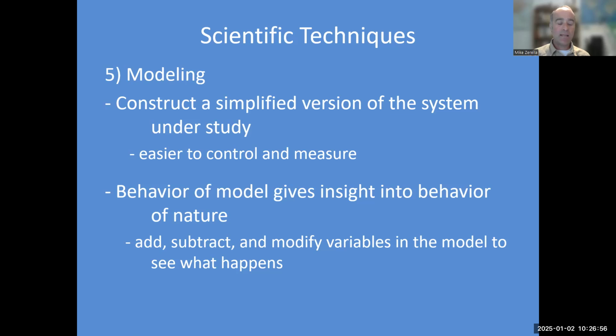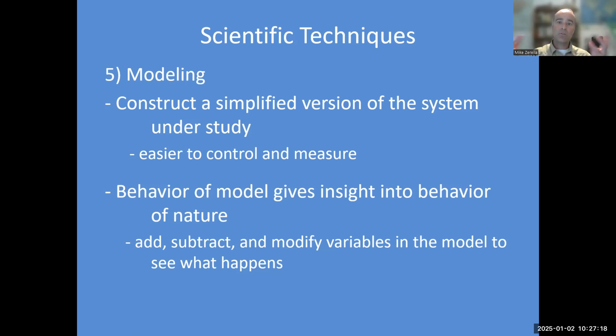And so instead of running tests on the climate directly, we construct a model of the climate. We take the variables that we think are important, so temperature, wind speed, reflectivity of water versus land versus ice versus clouds and so on, different kinds of clouds, humidity, all of these different things.